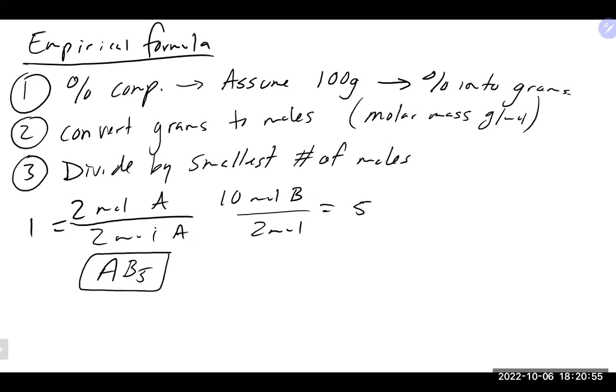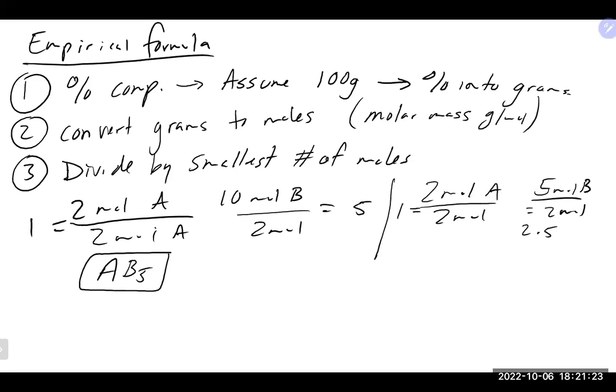Now, if you go through and divide and you really don't get a whole number and really don't get close to a whole number, so for example, if we had 2 moles of A and 5 moles of B, when we would divide by 2 moles here, we would get 1 and we would get 2.5, which means our empirical formula would be A1 B2.5.